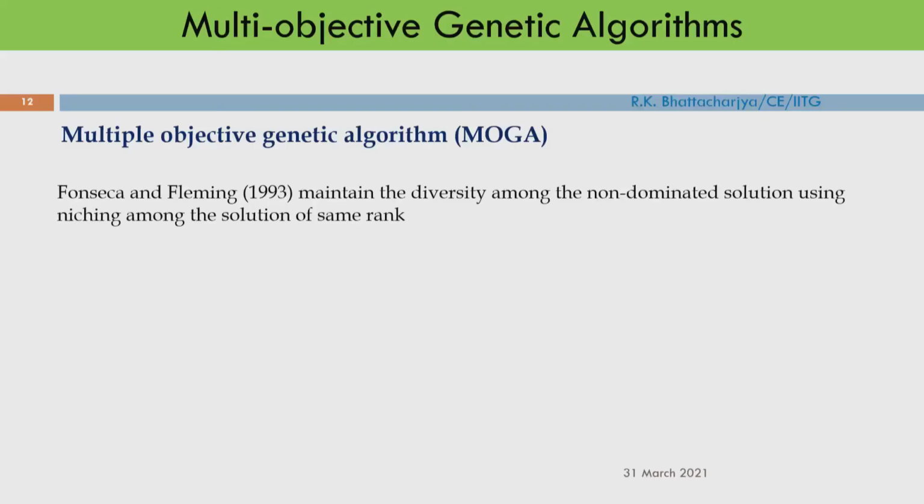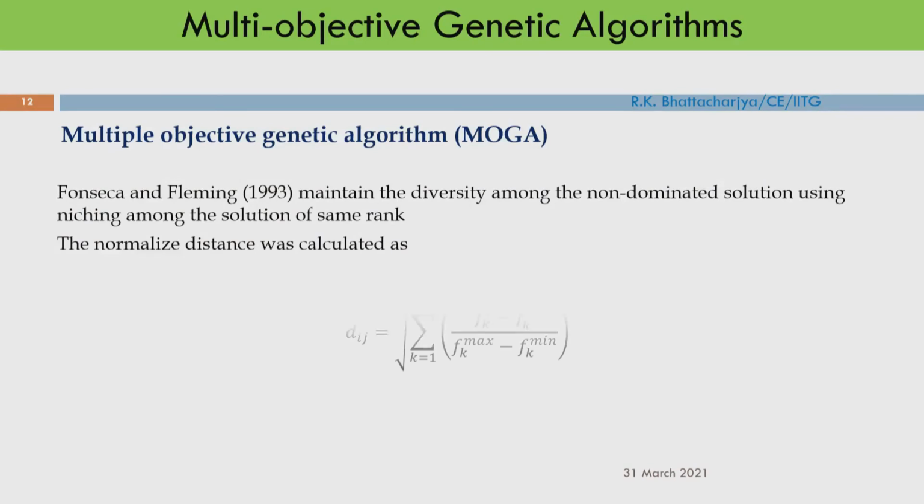Fonseca and Fleming maintain the diversity among the non-dominated solutions using niching among the solutions of the same rank. Now, you need to maintain the diversity between the solutions of the same rank. So, they have used the niching criteria. The normalized distance was calculated as follows: they calculate the distance on the objective function space, not on the solution space.